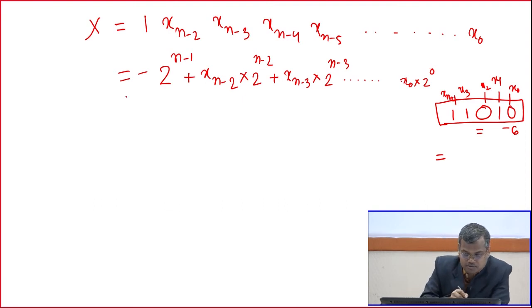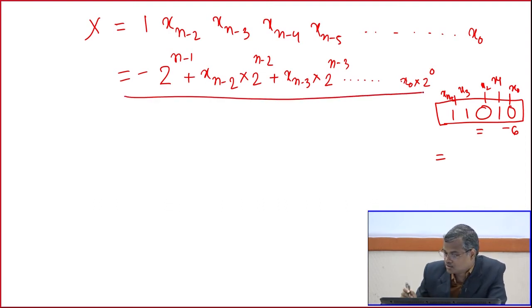So how can we write this? It is 0 1 2 3 4. So, we can write minus 2 to the power 4, plus 1 into 2 to the power 3, plus 0, plus 1 into 2 to the power 1, plus 0.